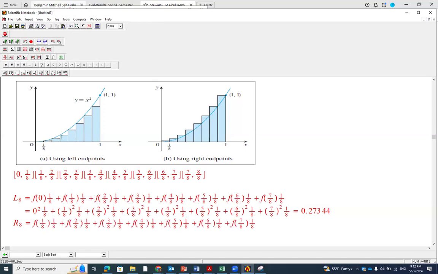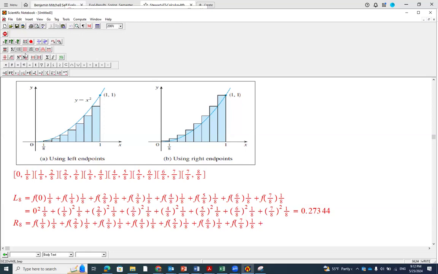The right endpoint for the first interval is 1/8. That's the height. The second height is right here on the right, and the third height is for the third rectangle, and so on for the fourth, fifth, sixth, and seventh.